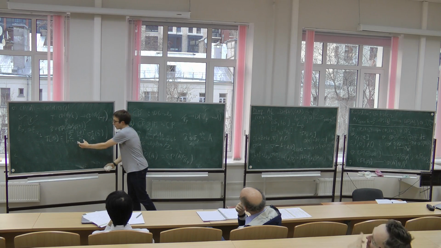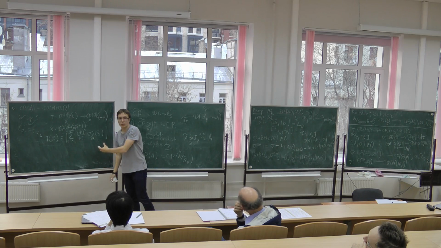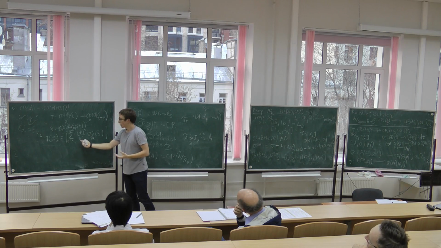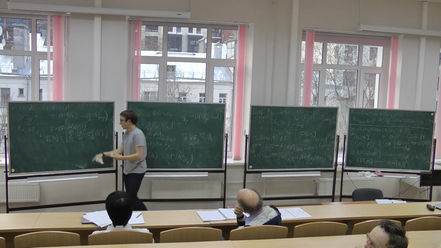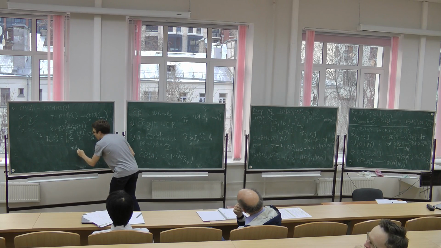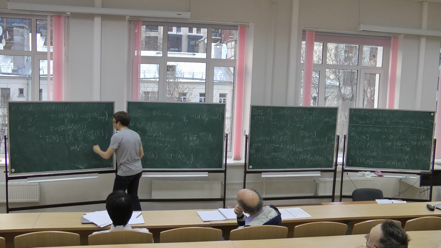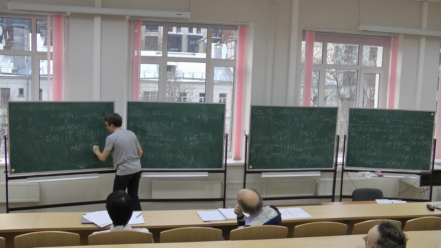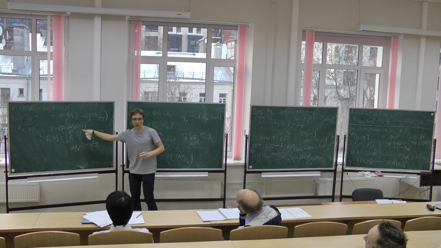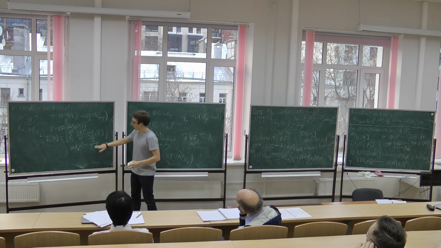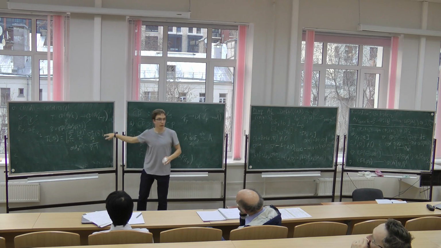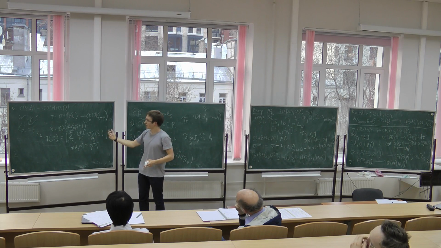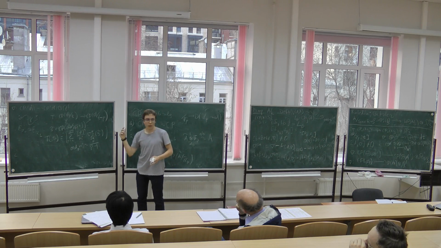A priori, this is just a rational number, and I want an element of HP. But the p-adic valuation of n factorial is approximately n over p minus 1, and here it goes as n. So it's not only well defined, but it actually tends to 0. So the series converges. This is what it means that I pick close enough points.